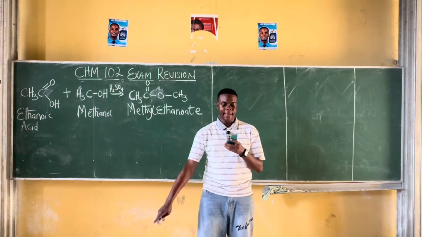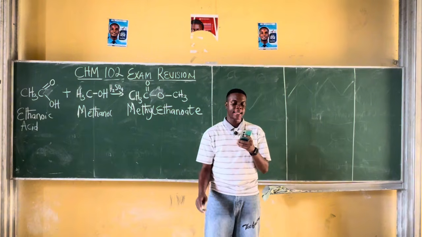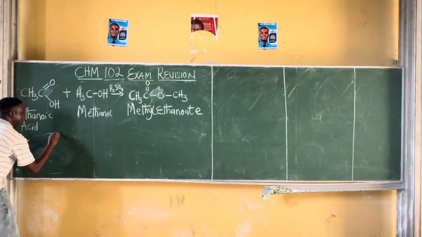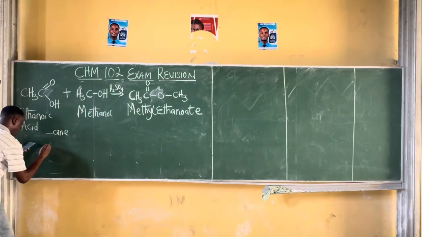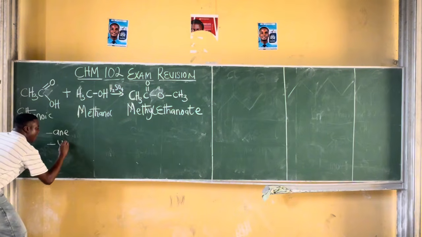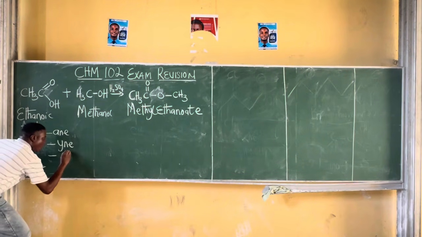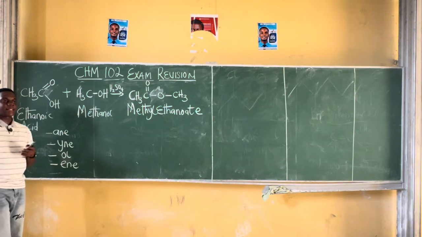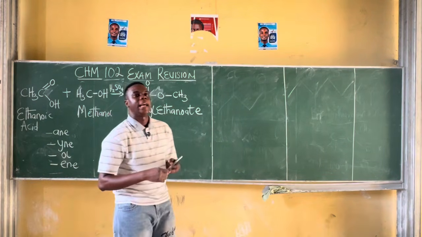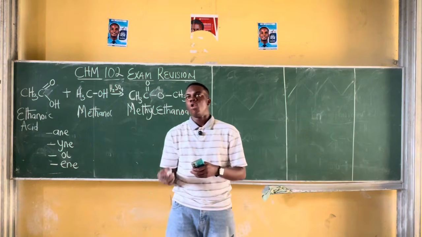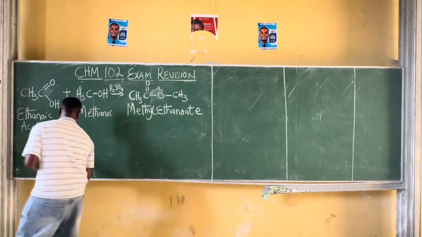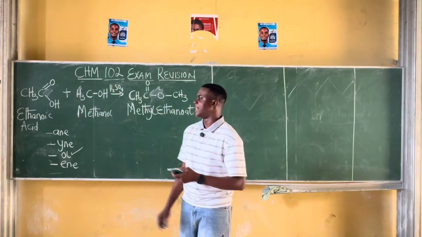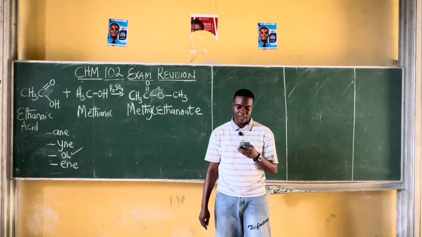Here you can see hyphen ene, hyphen ol, and hyphen yne. So when there is a double bond and OH, it becomes an enol. So the answer is all of the above. The suffix of consideration here is all.